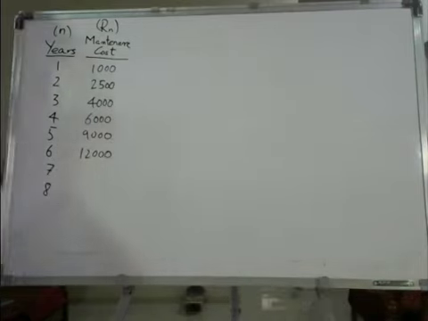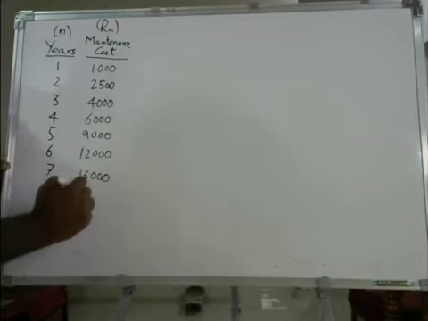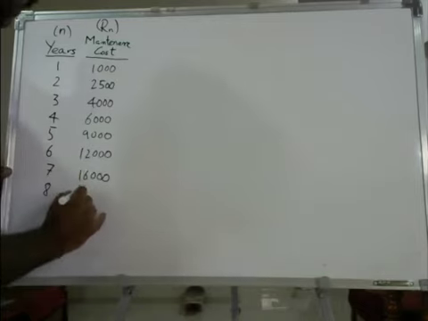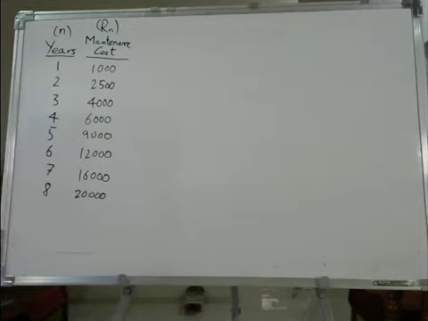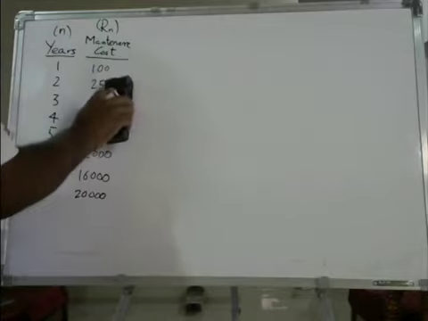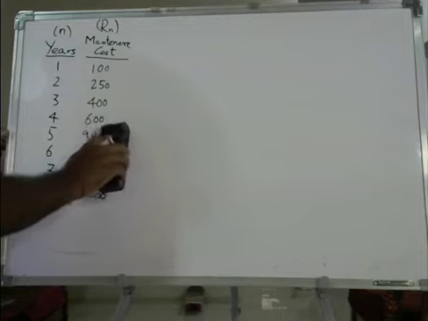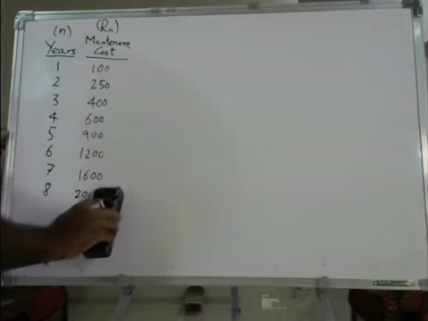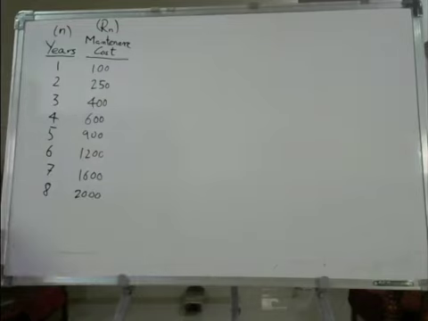For the 7th year it is 1,600, and for the 8th year it is 2,000.